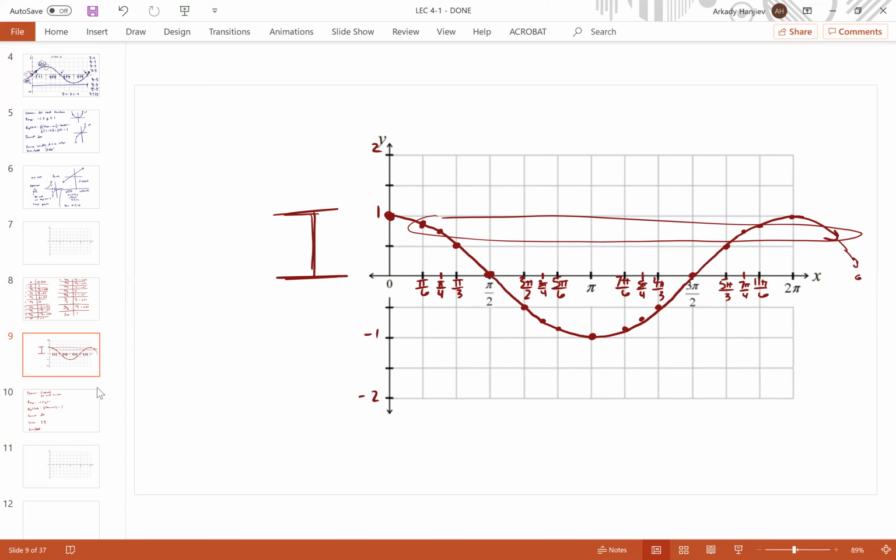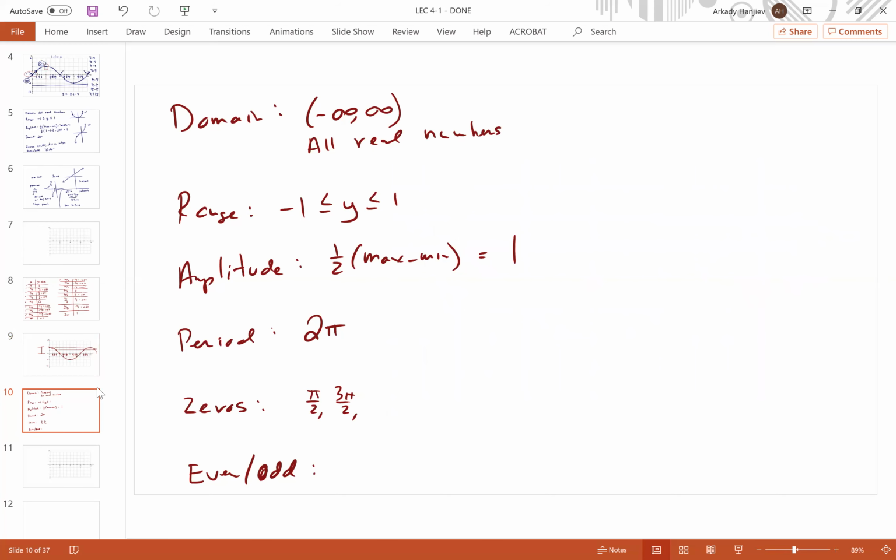And do you see a pattern of zeros? Always when it's over 2. Okay, that's cool. I'm thinking 5 pi over 2 is the next one. Is that right? Okay.